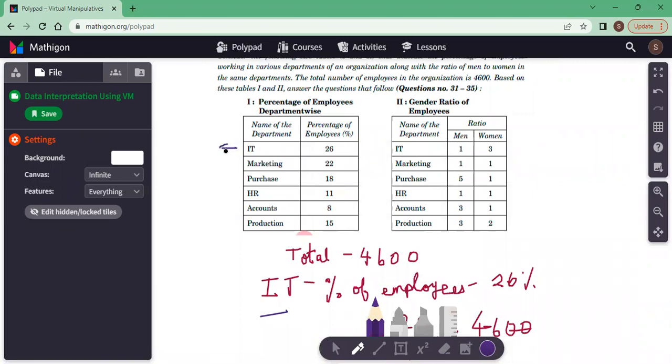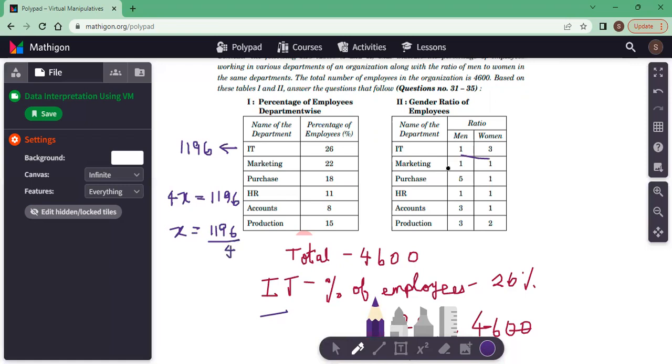So you can write it here as 1196. Now it is given as a ratio, so we have to consider it as 1 and 3. 1 and 3 together is 4. So 4x is equal to 1196. x is equal to 1196 divided by 4.